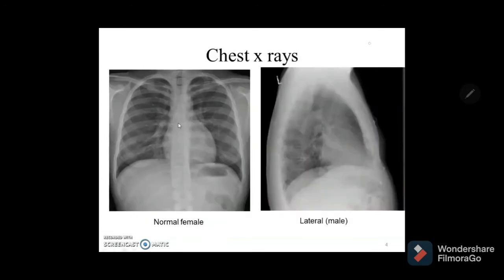When you observe the chest x-ray, you can see the right atrium will be like this, just behind and to the right of the body of the sternum, and on the right side you can see the lateral view. In the lateral view you are seeing the entire cardiac shadow here. So this is the introduction of the right atrium.